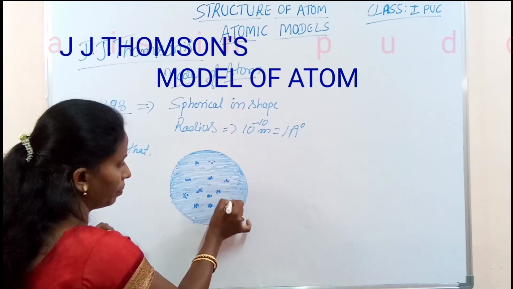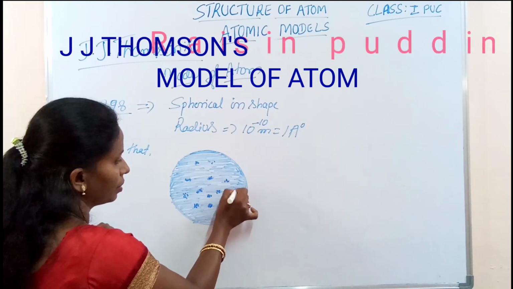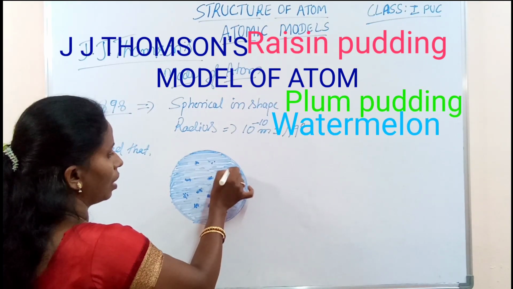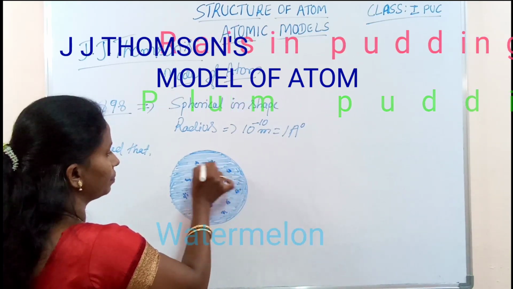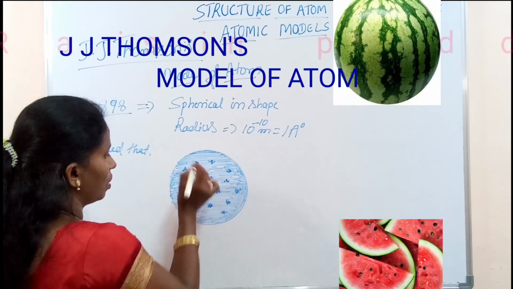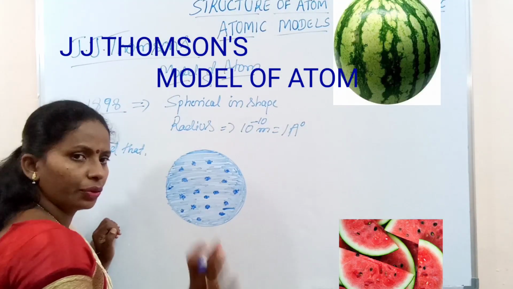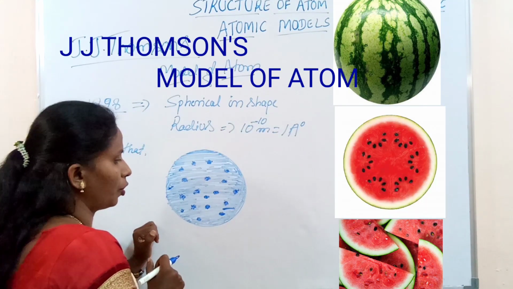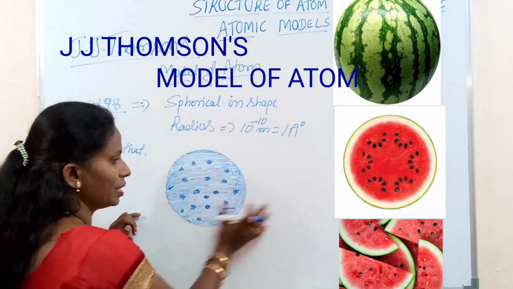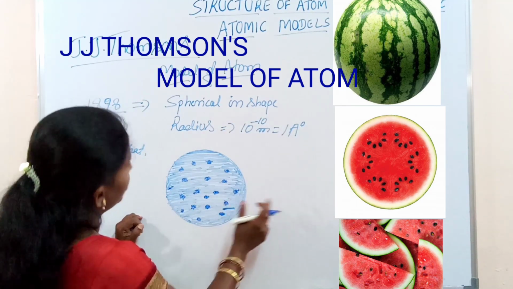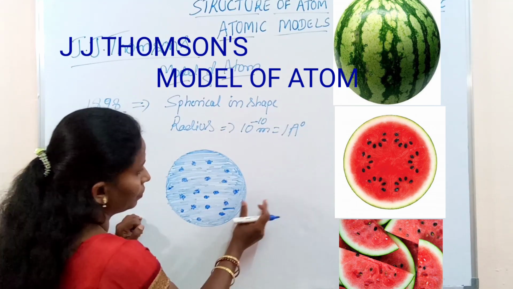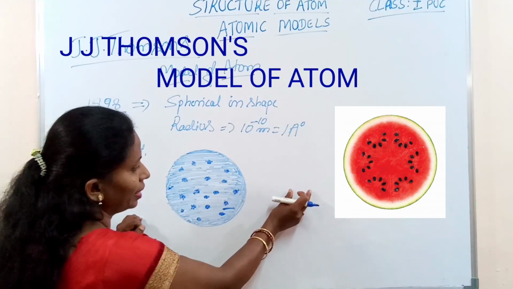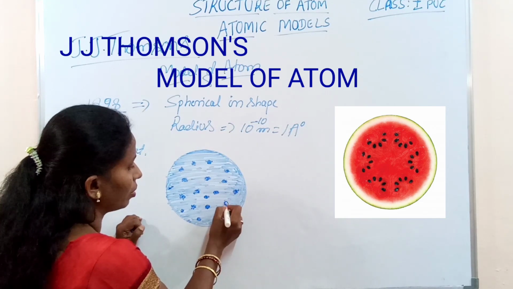This model is also known by different names: raisin pudding, plum pudding and watermelon atomic model. To convince you, if I take the watermelon atomic model, this atom resembles a watermelon, in which the fruit part is compared to the mass of an atom, and the seeds are compared to the electrons.